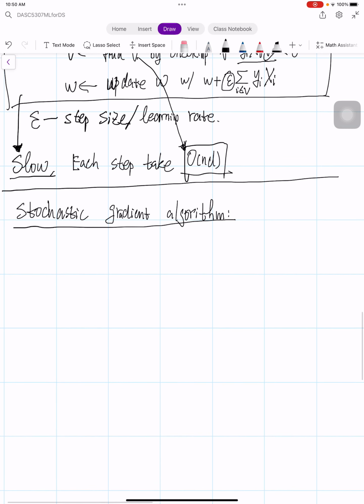So the idea is, at each step, pick just one misclassified data point xi.